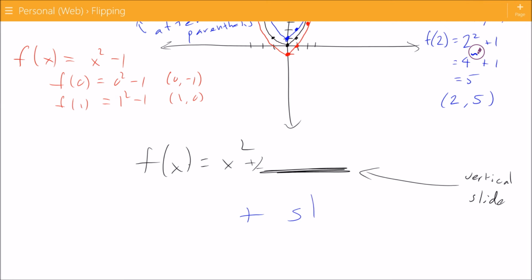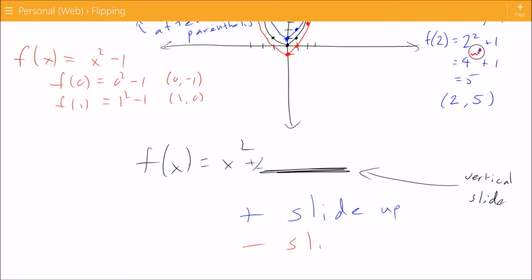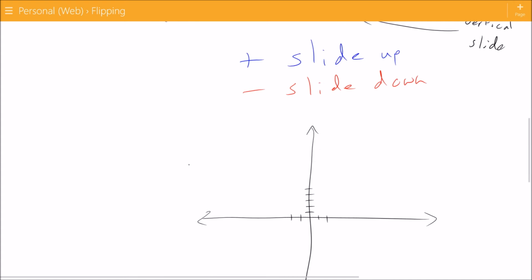If you have a positive value there, you slide up. If you have a negative value there, you slide down by however many units you are adding. So that, I think, is the pretty cut and dry one.